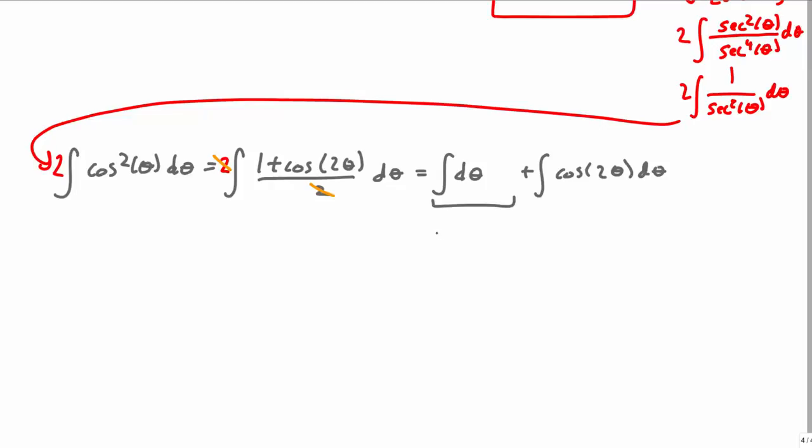Well, the integral of 1 d theta is just theta. And then over here, u is 2 theta, du is 2 d theta.